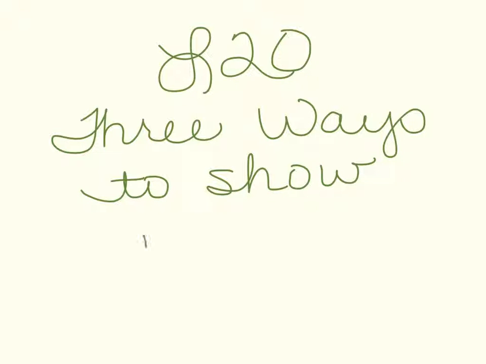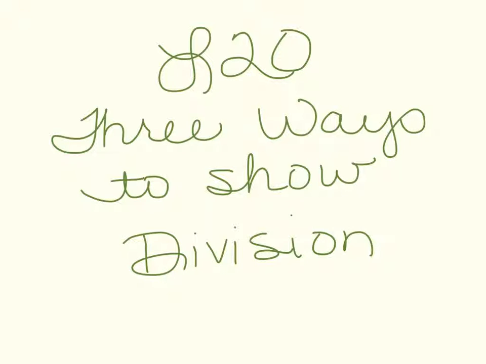With these 3 ways, we're saying the same thing in all of them. It's just written out in different forms. So you need to be familiar with the fact that all of them are showing division. They all can be read the same way, but they're just 3 different ways of showing the same problem. So today, lesson 20, 3 ways to show division.